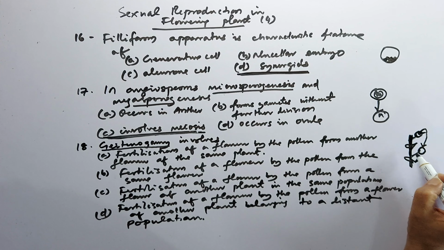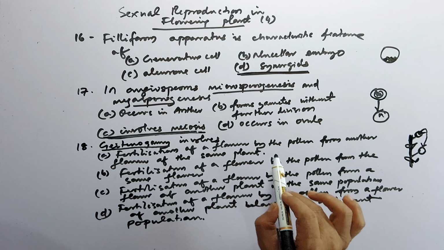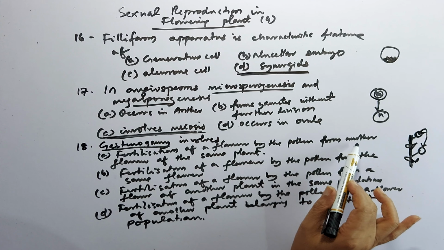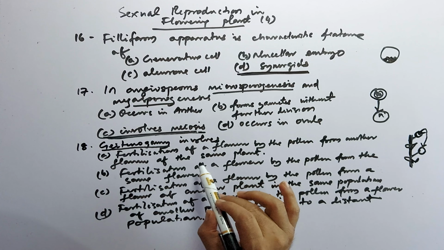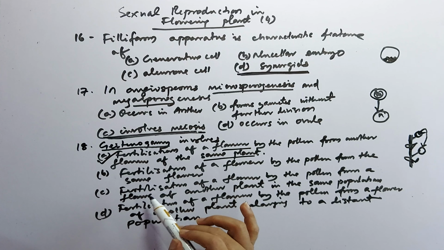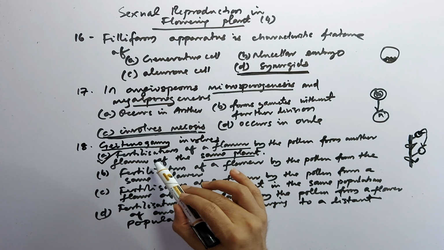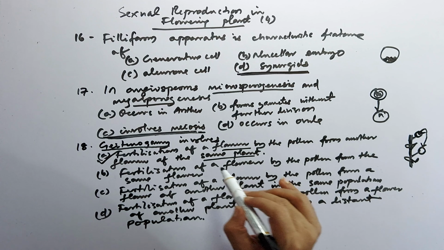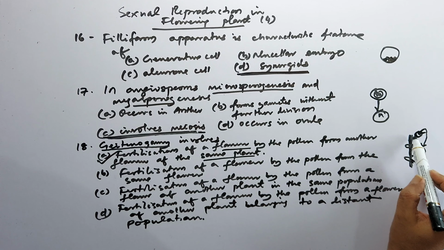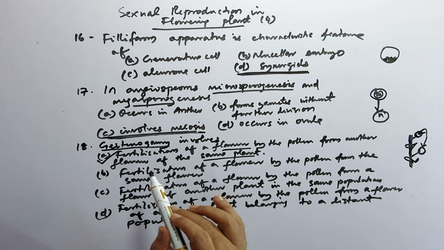This is called geitonogamy. So this is fertilization of a flower by the pollen from another flower of the same plant. This option is correct and the others are discarded. The same plant must be there, with two different flowers of the same plant involved.